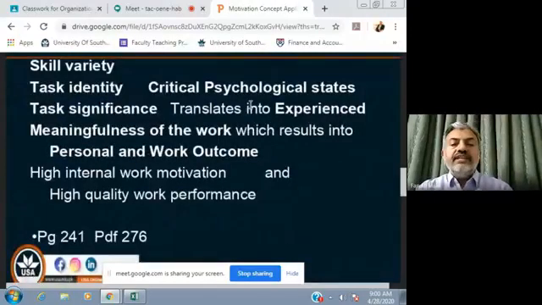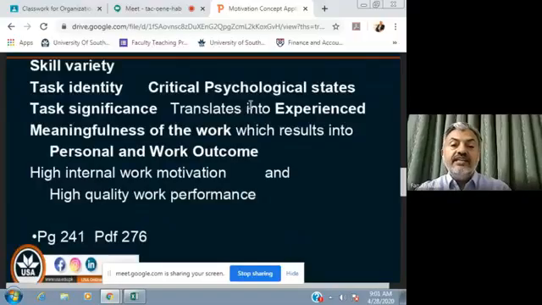Then we discussed how skill variety, task identity, and task significance impact the critical psychological state of workers, who translate it into experienced meaningfulness of the work, that this work is meaningful for them and their skill is relevant to the task that they're performing.